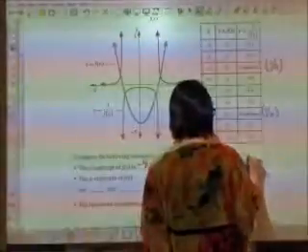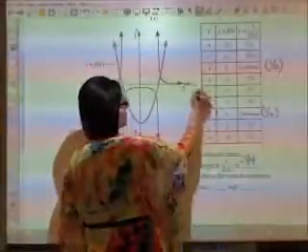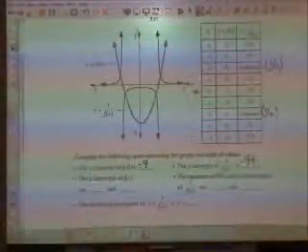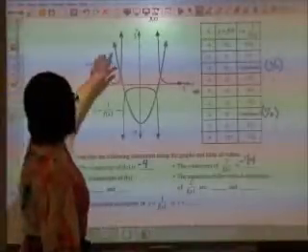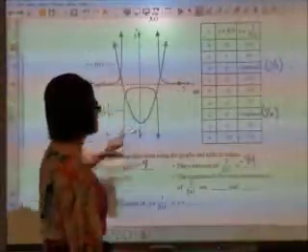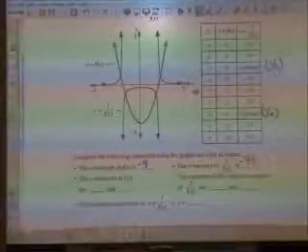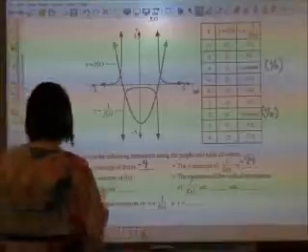And that's right here on the table of values. When x equals 0, what does the value of y equal? What are the x-intercepts of my graph that's in gray? -2 and 2.